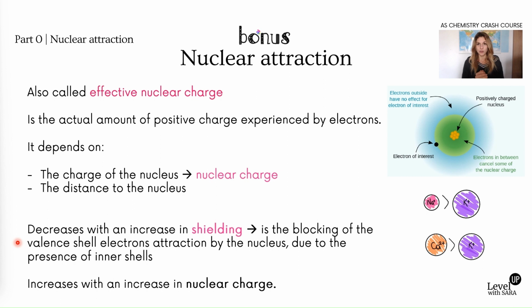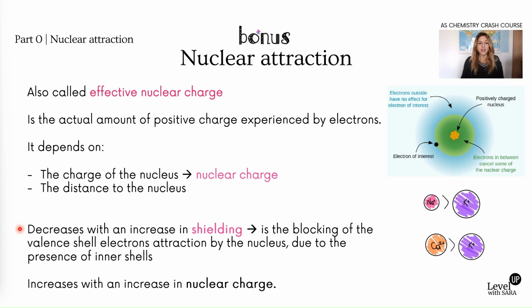So the distance to the nucleus is affected, and the attraction to the nucleus is affected by the full shells that hinder the positive charge of this nucleus. So the effective nuclear charge decreases with an increase in shielding because the positive charge is, let's say, covered. It's decreased by those full shells of electrons.